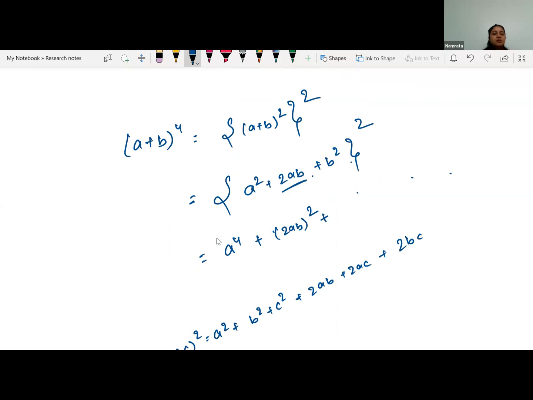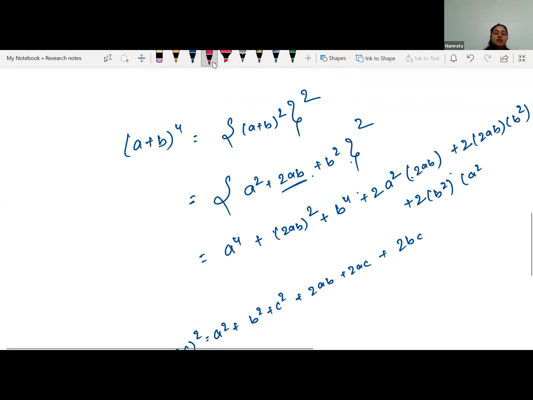Yes, ma'am. a square, b square, c square, 2ab plus 2bc plus 2ca. So now if you look at the coefficient, you can see here it's coming 4, here it's coming 4, and here it's coming 2 only, right? Is it 2? Yeah, only 2. Here it's coming 4. So the coefficient we are still not sure.